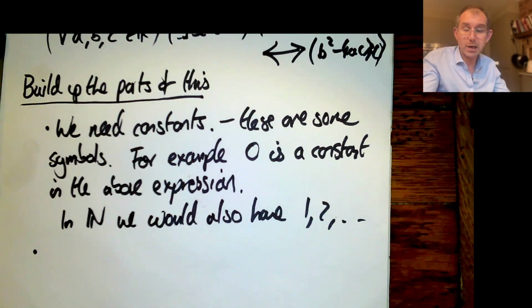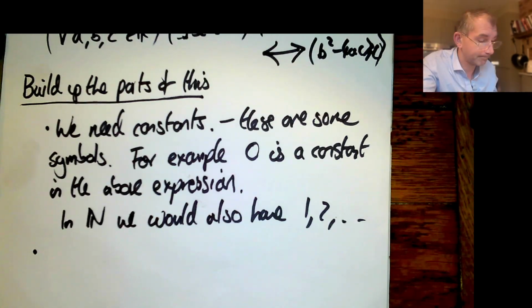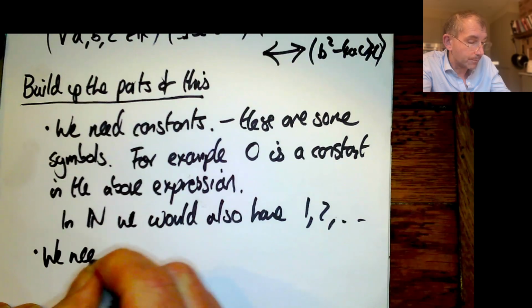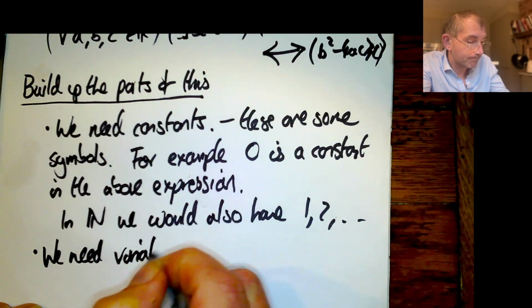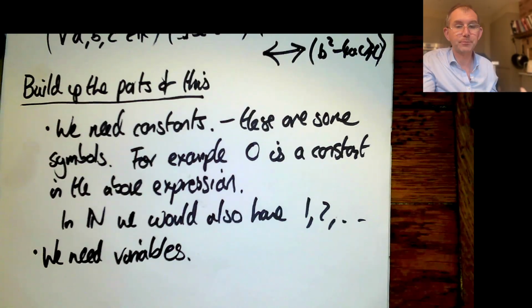The next thing we are going to want are some variables. We need variables. So these are going to be some other symbols which are going to be things that we can replace with constants.